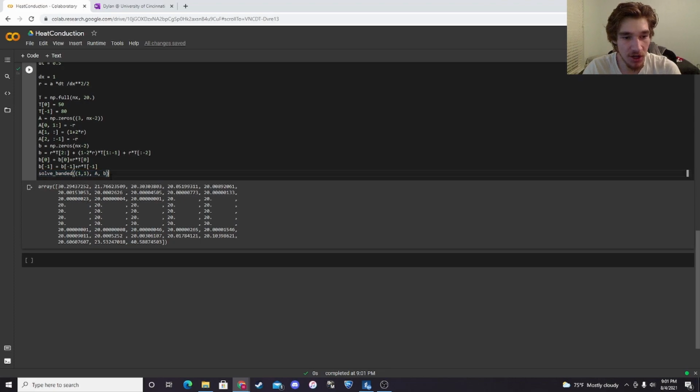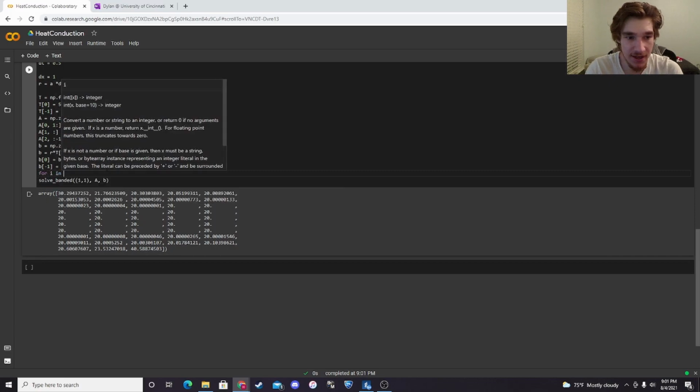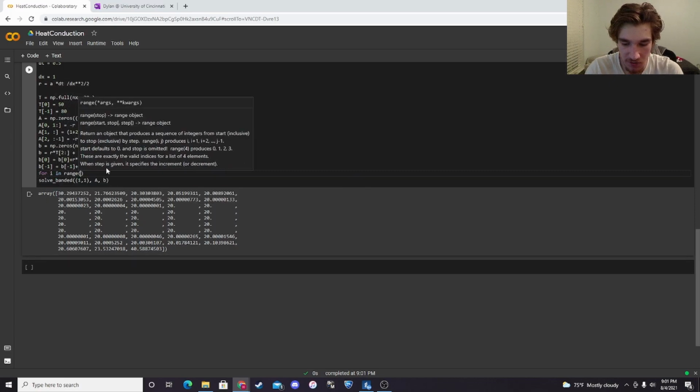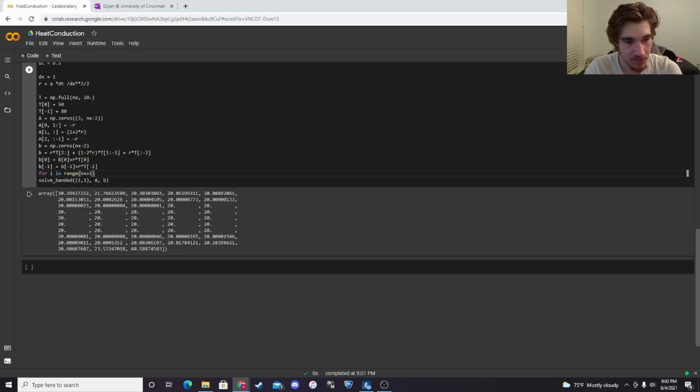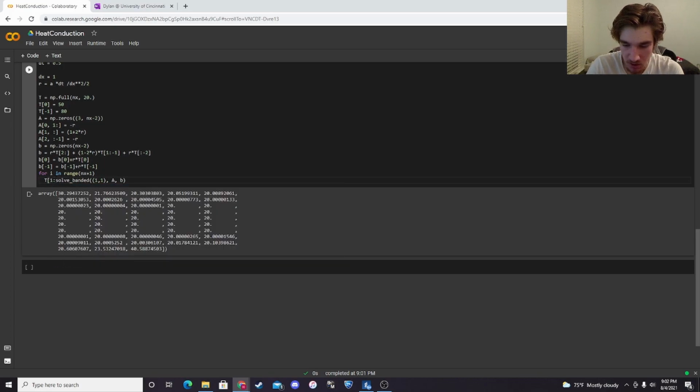And now what we're going to do is create a for loop. For i in range of nx plus 1, and let's tab this, and we want T from 1 to -1 equal to that.